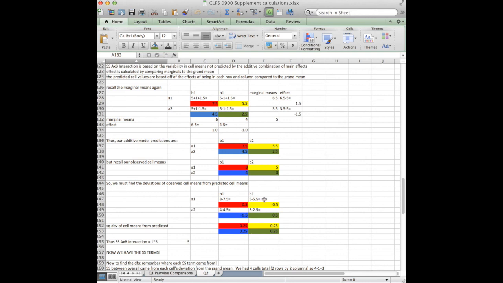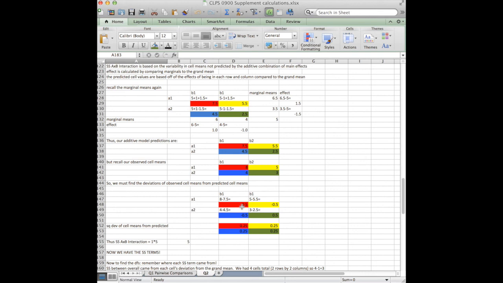Same thing here, observed 5 minus predicted 5.5 gives you negative 0.5. And lastly, observed 3 minus the predicted 2.5 gives you 0.5. These are the deviations of the observed cell means from the predicted cell means.